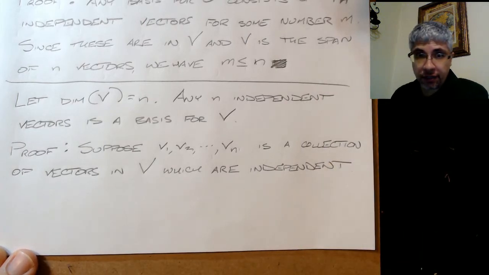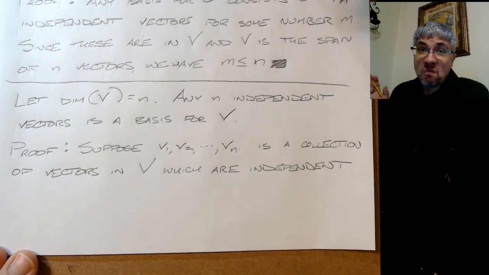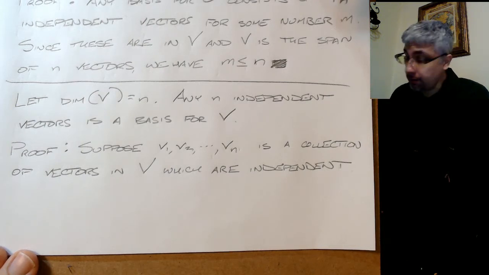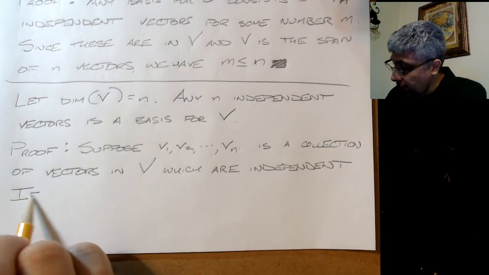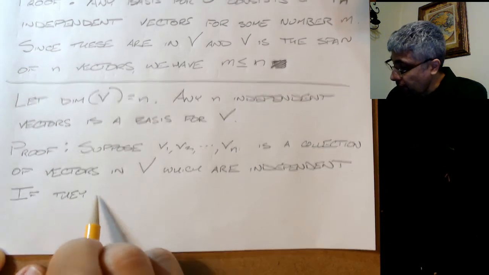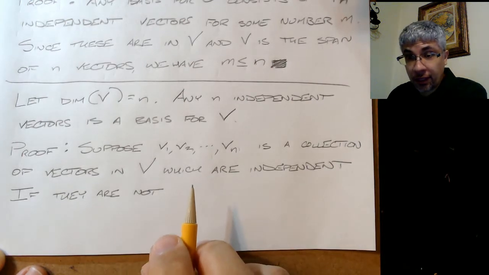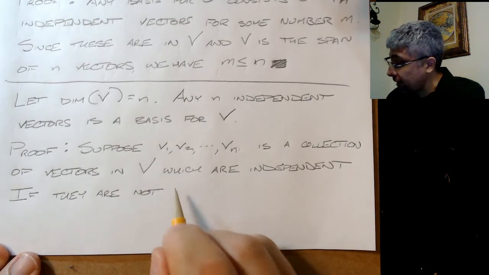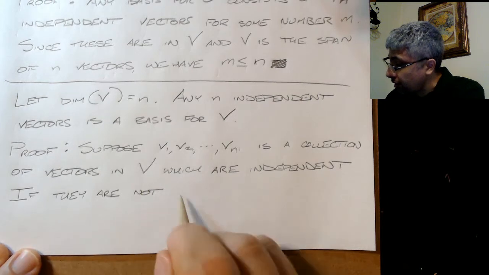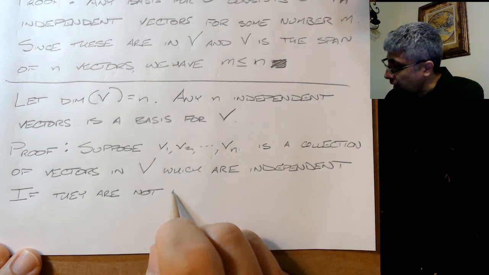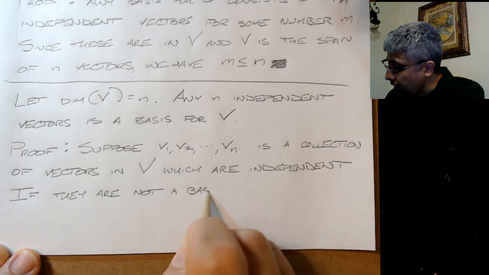So we have these vectors, they're independent, they're inside V. We can extend them to a basis. If they're not a basis, we could extend them, because we have a result about that, where we can always add vectors to form a basis.